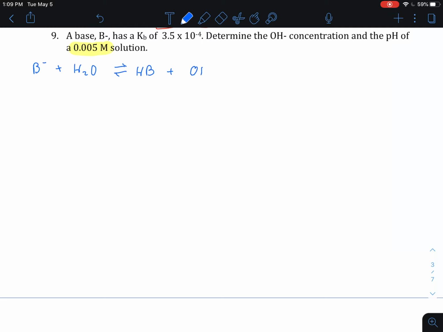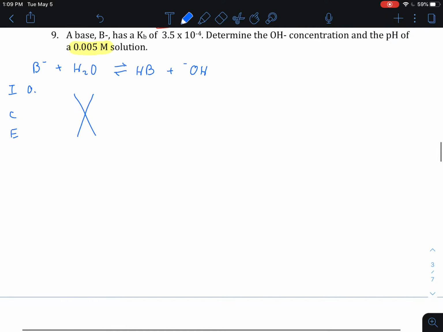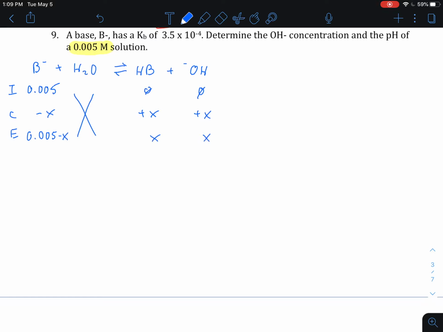So here's our reaction, right? Base plus water makes the conjugate acid HB plus OH minus. And we can ignore water, and then we're told the initial is 0.005, 0, 0 for both products, then minus x, plus x, plus x.